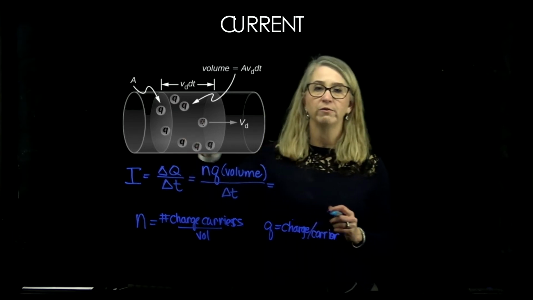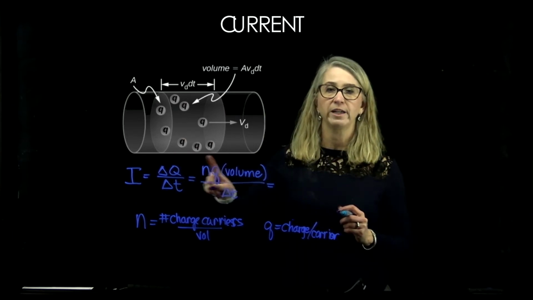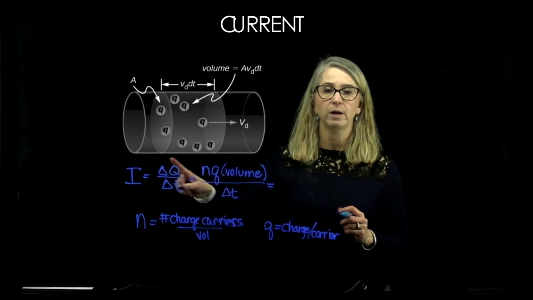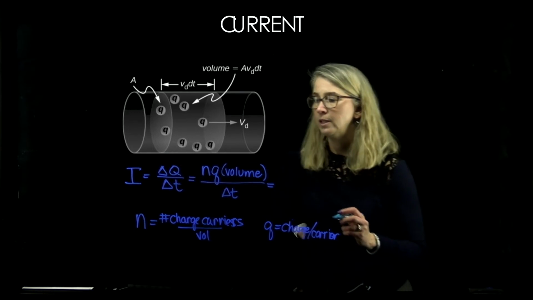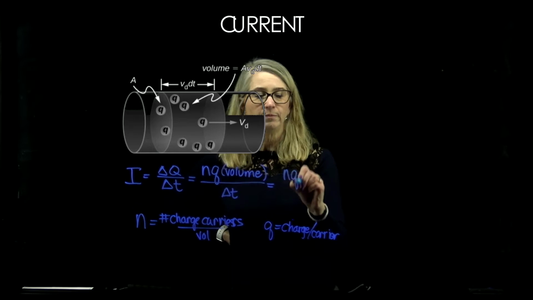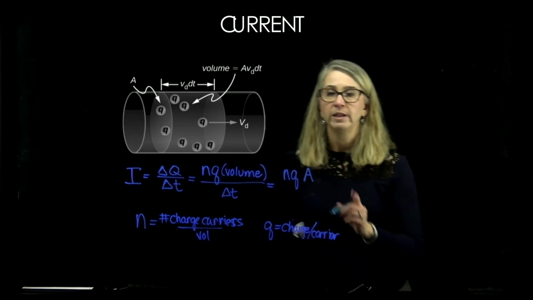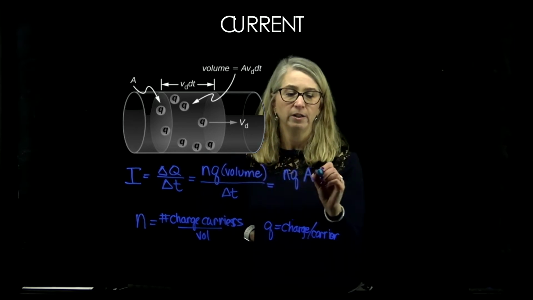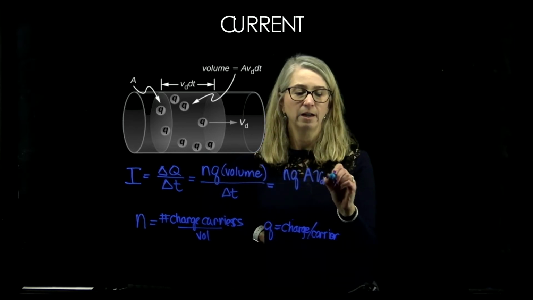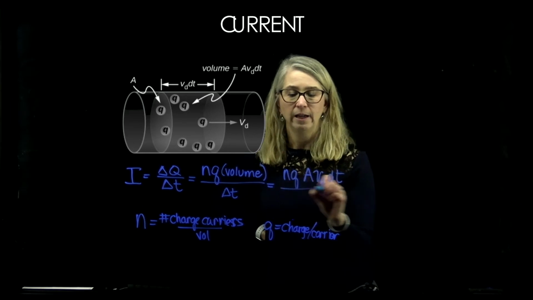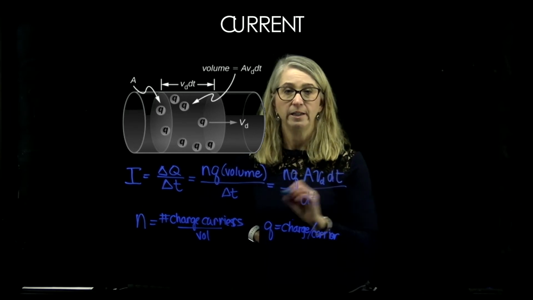Well, the volume is the volume of this shaded cylinder right here between where we start the stopwatch and then when we end it. That has a cross-sectional area of A, and the height of that cylinder is the drift velocity times dt, and then I divide by dt.